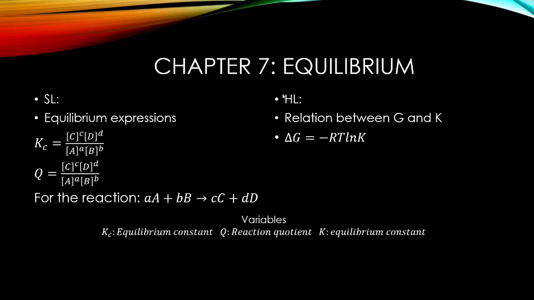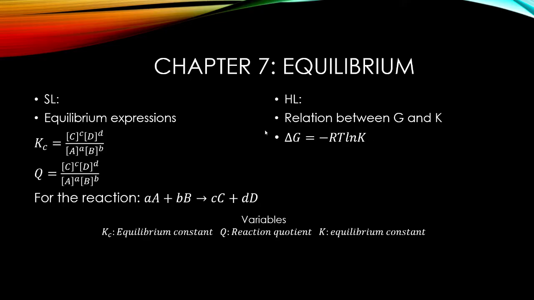For HL, we just need to know the relation between delta G, Gibbs free energy, and the equilibrium constant, and it's related by this equation, which is in the data booklet, where delta G equals minus gas constant times temperature times the log of K. You may know that the equilibrium constant only changes with T. Nothing else can change the equilibrium constant except temperature.